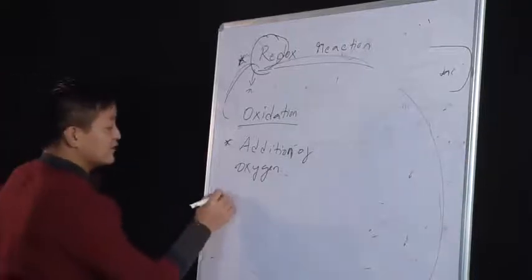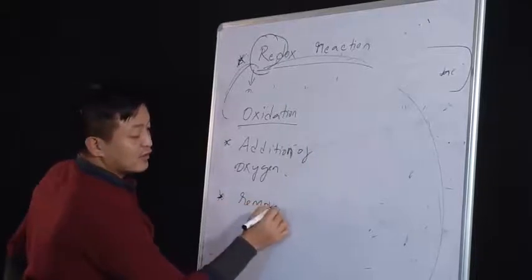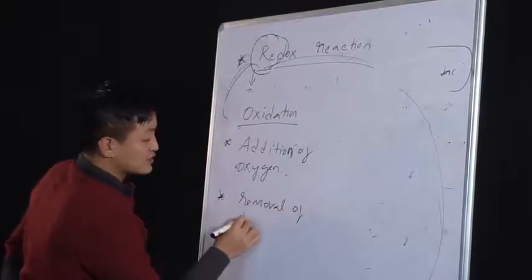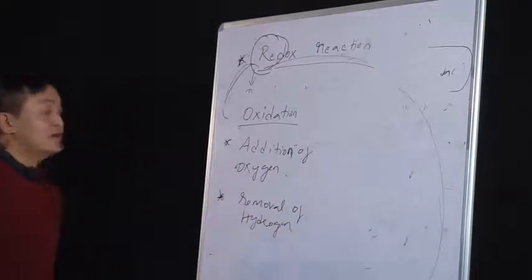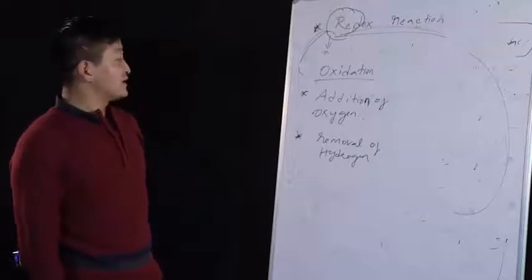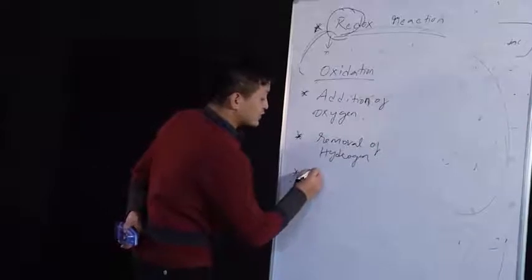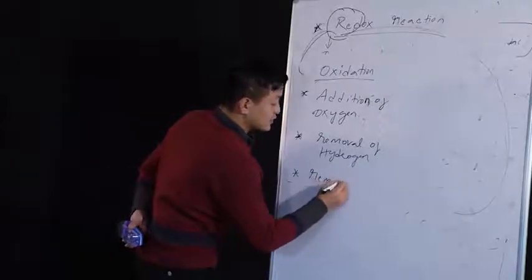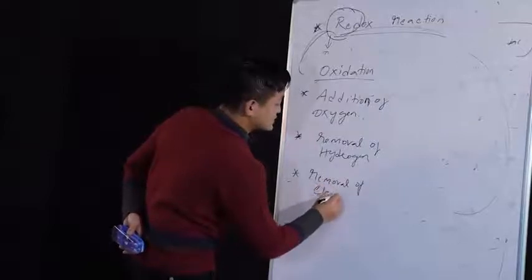The second point will be removal of hydrogen. Clear? So we have the first point, addition of oxygen. The second is removal of hydrogen. And the third one is removal of electrons.